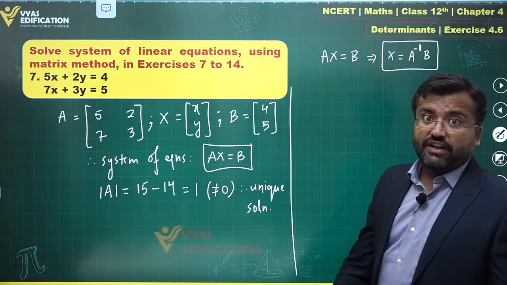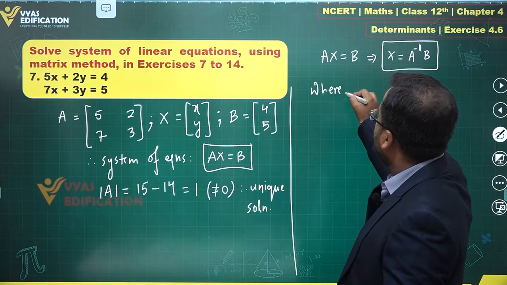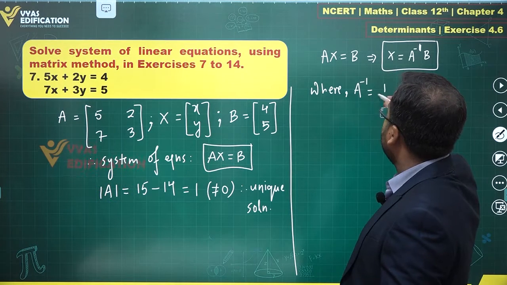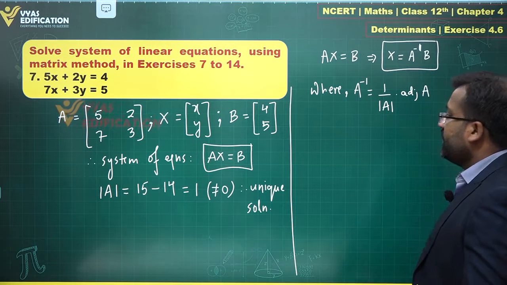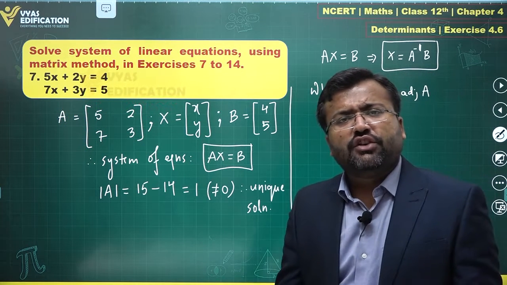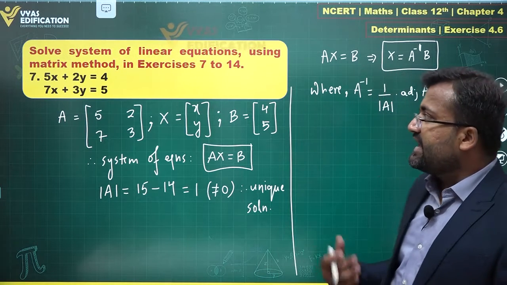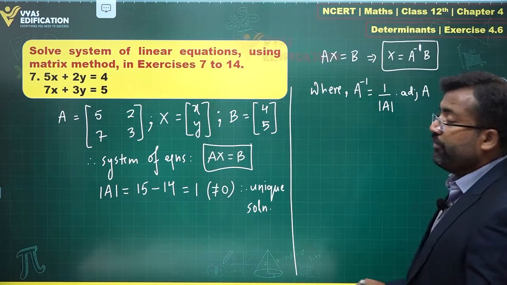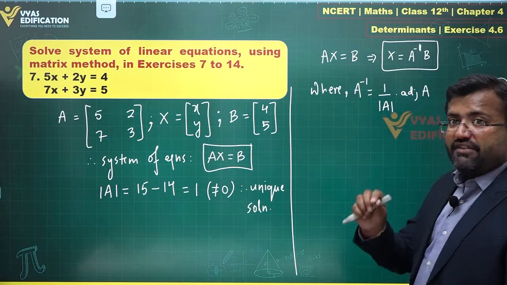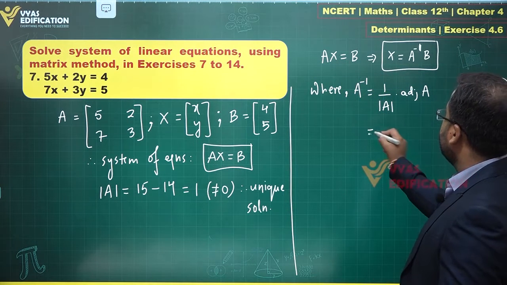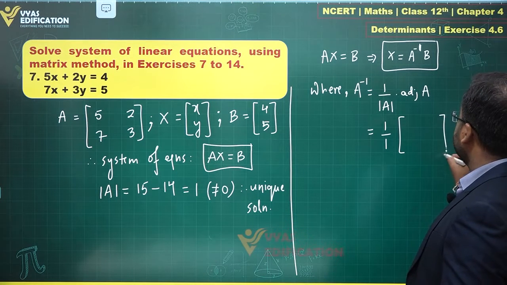Yes, let's find A inverse, where A inverse is equal to 1 over determinant of A times adjoint of A. Okay, and what is adjoint of A? For a 2 by 2 matrix, finding the adjoint of A is not at all difficult. We can simply interchange the elements in the main diagonal, and the other elements will have an extra minus in front of them. This is 1 upon 1 times the adjoint of A, which is pretty simple.